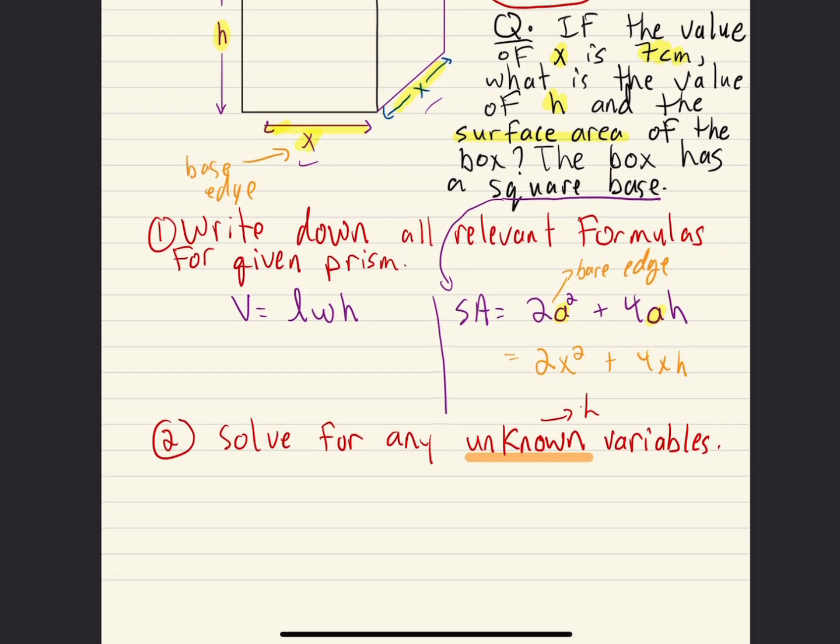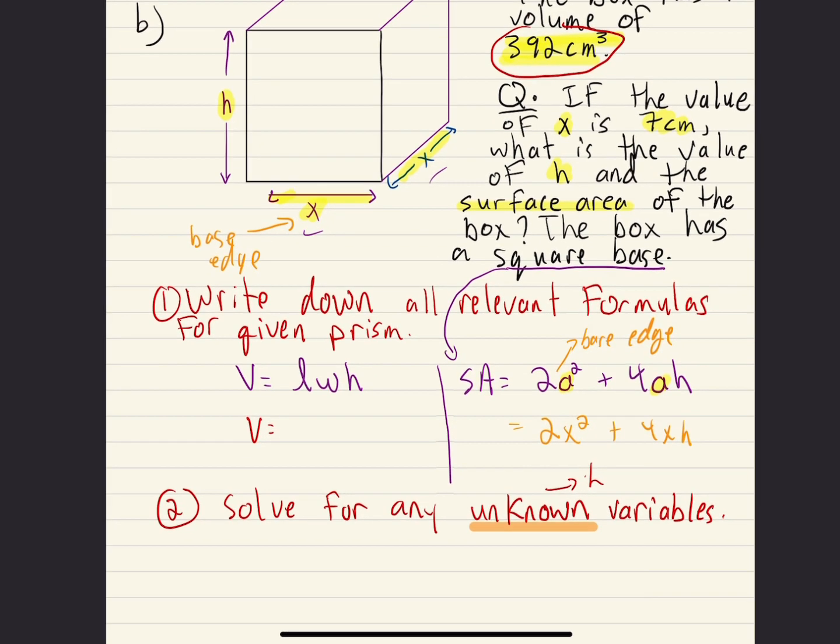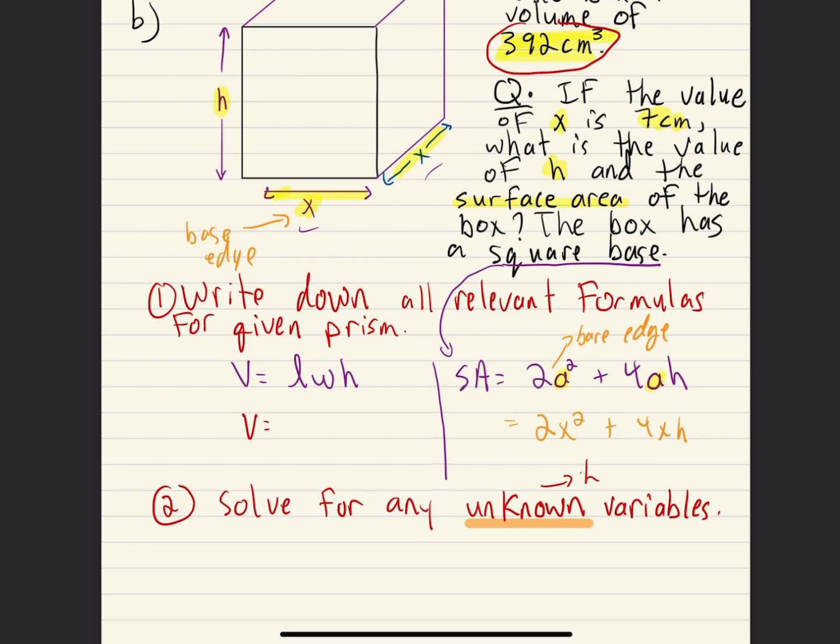If I translate my volume formula, the L and the W are going to be x because there are no other dimensions here. So x times x times h.